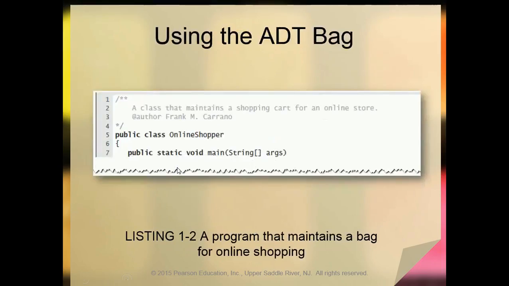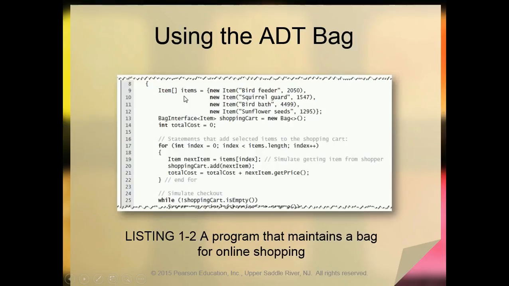Now, using the abstract data type bag. In this case, we want a class that maintains a shopping cart for an online store, say Amazon. Here's class OnlineShopper, with the main method, all too familiar. The online shopper will have an array of items.